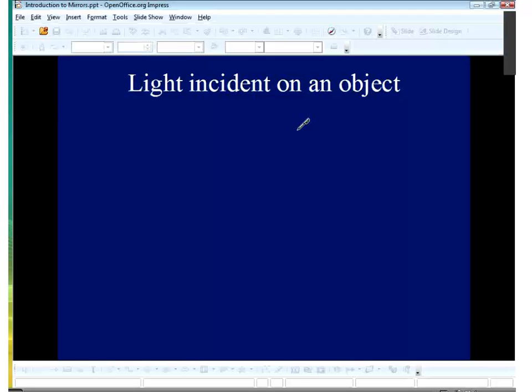When light is incident on an object, many things happen. One thing that happens is absorption.